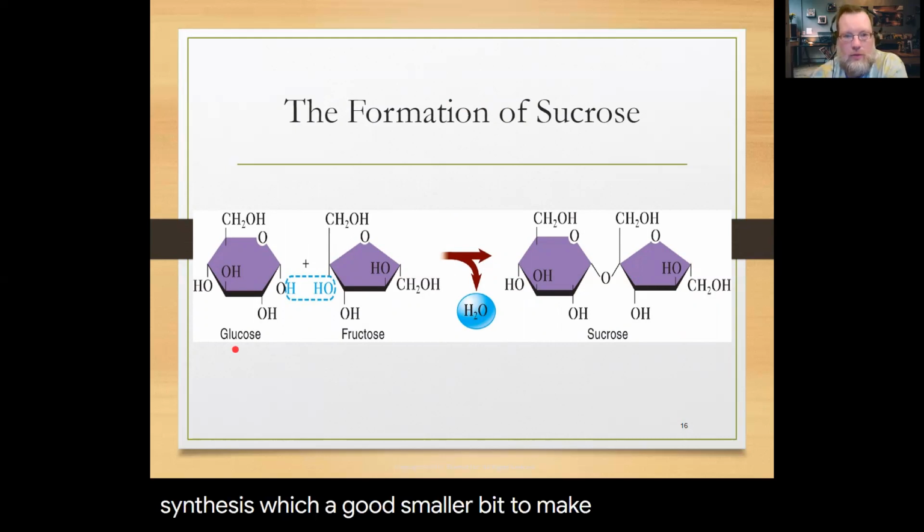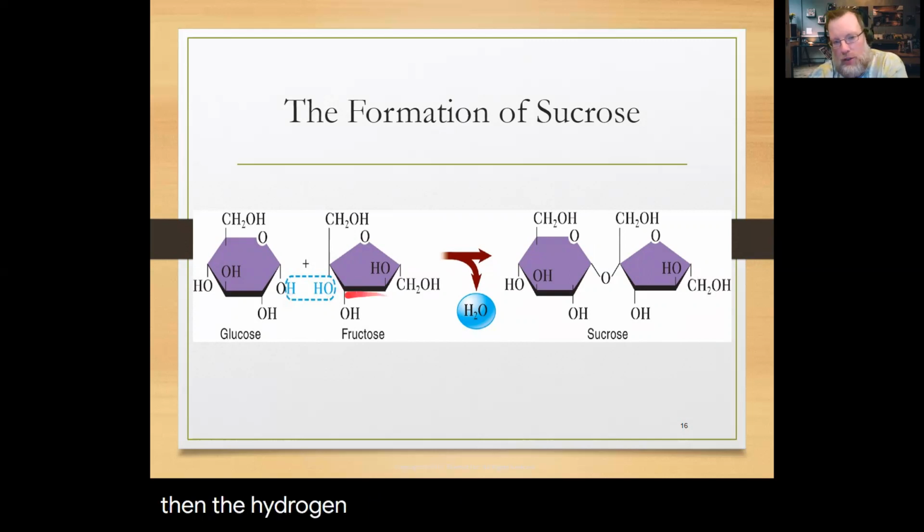So we have 2 small bits, a glucose and a fructose, coming together. We remove the H and the OH group, the hydroxyl group, and we combine those to get H2O. So we dehydrate. What that does is open up a bond here. We can form glucose plus fructose equals sucrose.